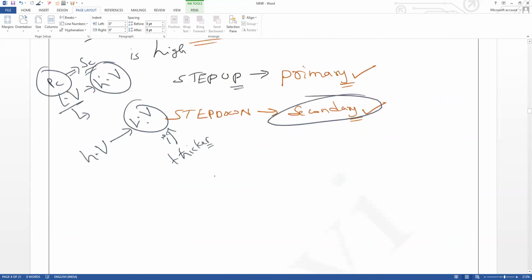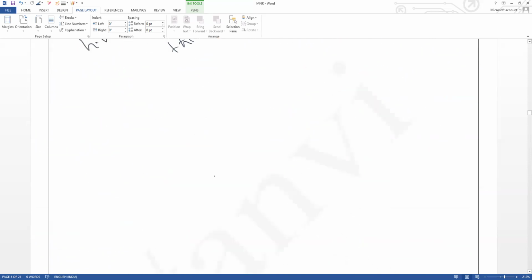Then the third reason. A few days before we studied some laws, the hysteresis laws. Do you all remember? Alternating currents. When the current keeps on changing, then the direction of the magnetic field is also changing.